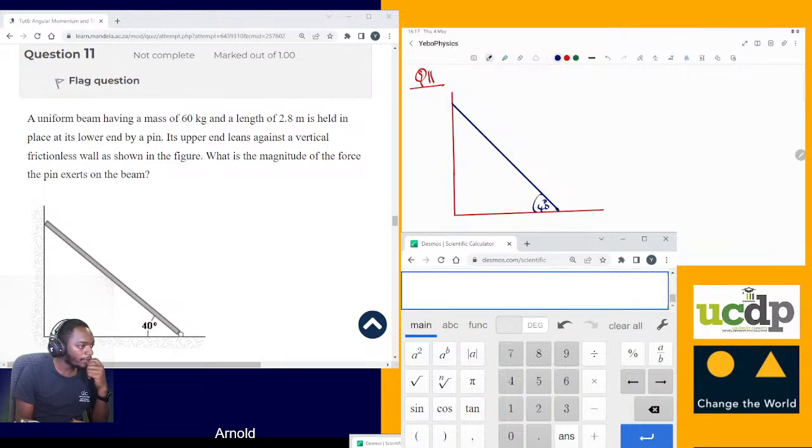Now let's add the forces that are indicated. Having a mass, so it's obviously going to be a weight there by the center. What else? We have a reaction force there, always perpendicular to the wall. We'll have a normal force, always perpendicular to the ground.